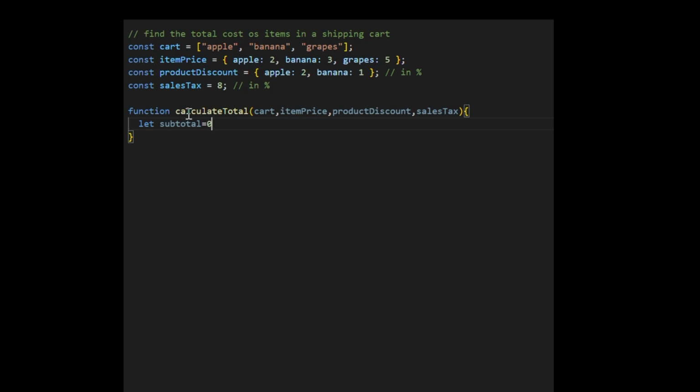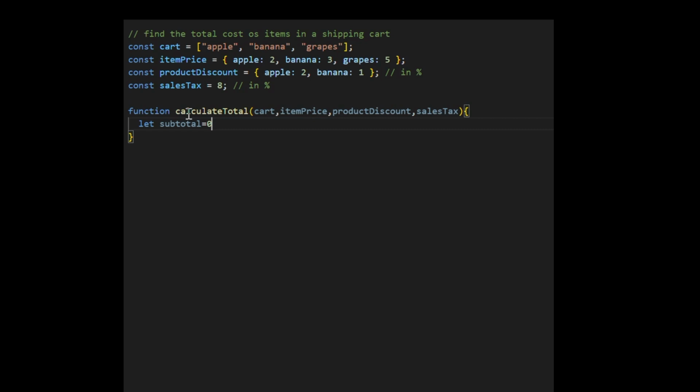So we should not take total initially. We should calculate the subtotal, then add the tax to that subtotal, and calculate the total. Maybe most of the members take the variable as total and get confused. So this is the most crucial step in this problem.